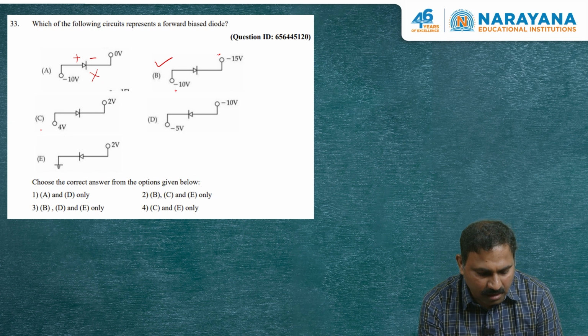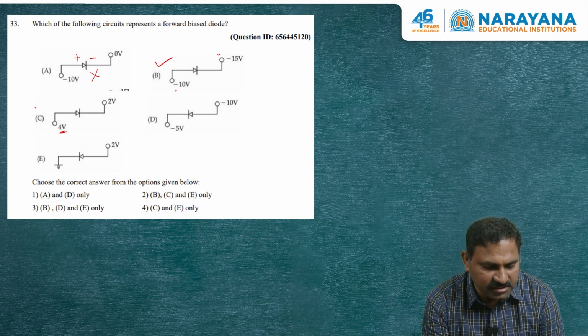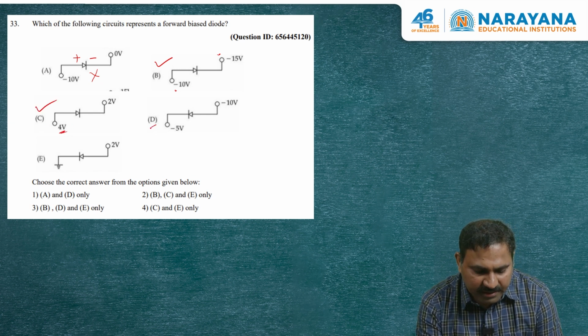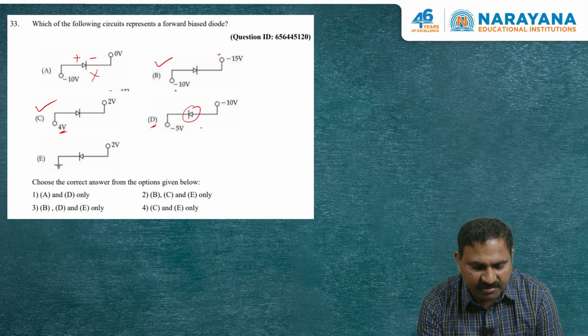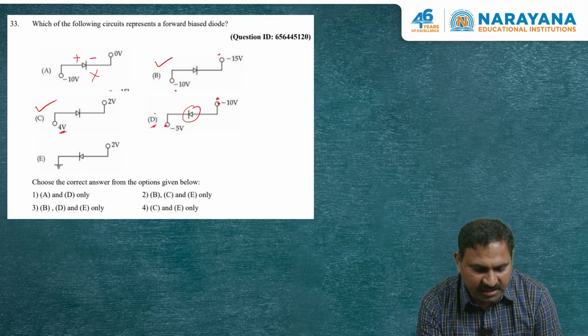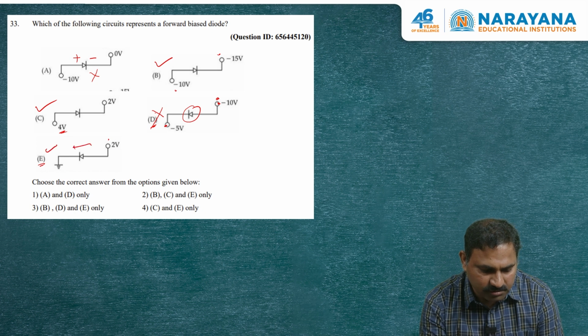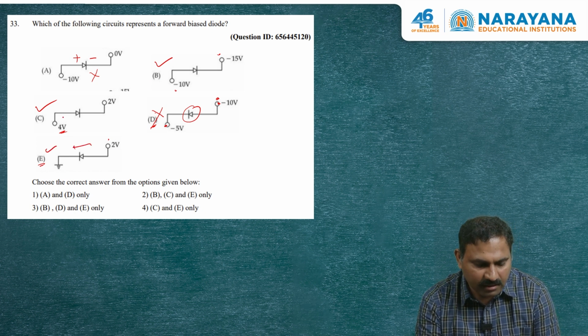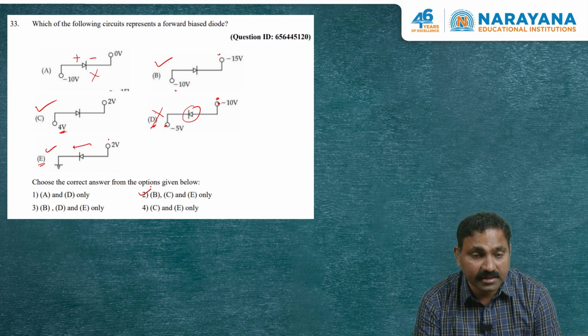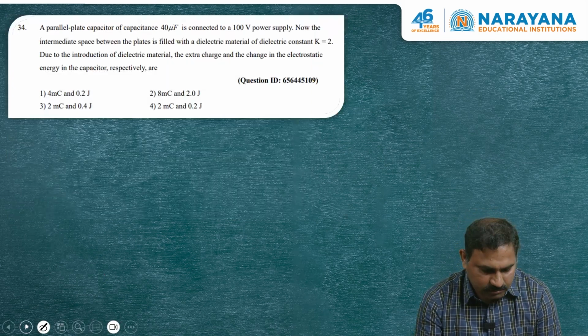In the third case it is 4 and 2, also forward bias. In case D it is given in reverse, at minus 10 and minus 5, the P side is at lower potential and the N side at higher, so it is in reverse bias. In case E it is 2 and 0, also forward bias. So B, C, E are the diagrams in which the diode is in forward bias. So option 2 is correct here. Let us go to the next question.